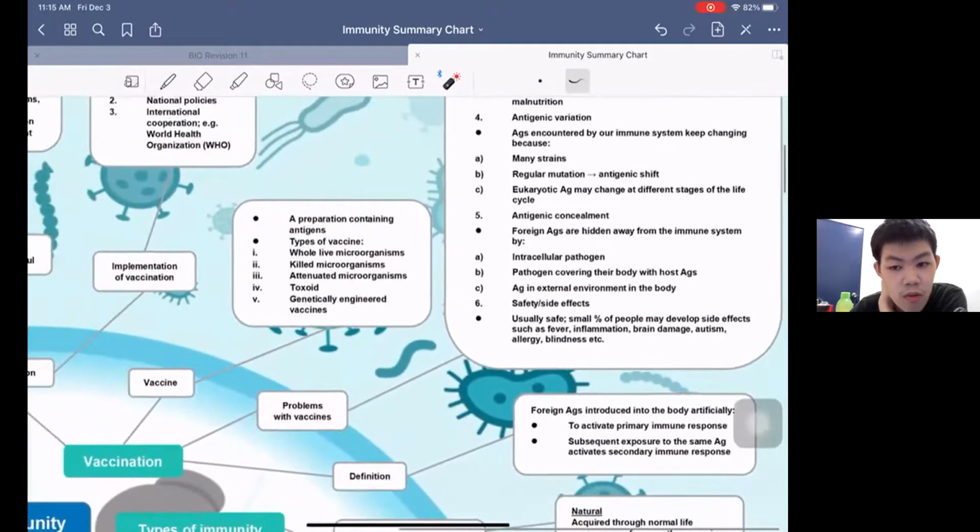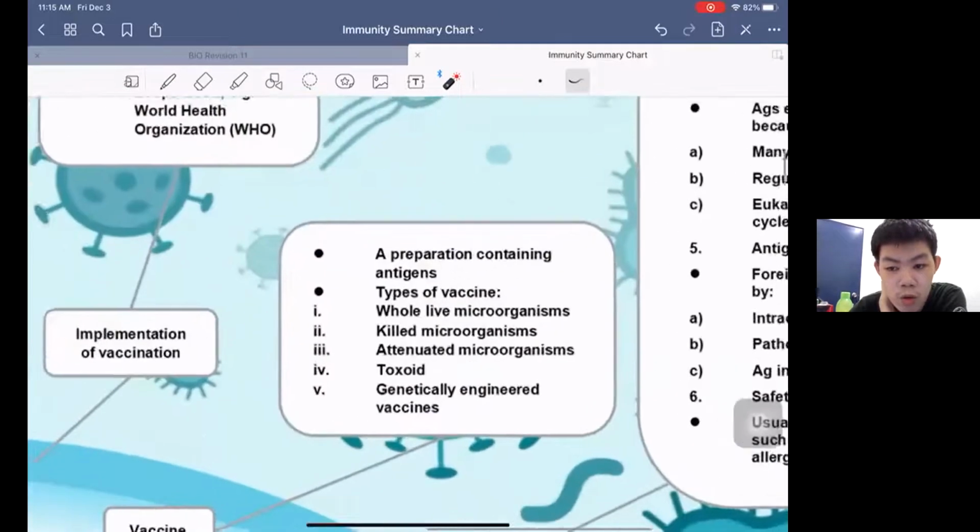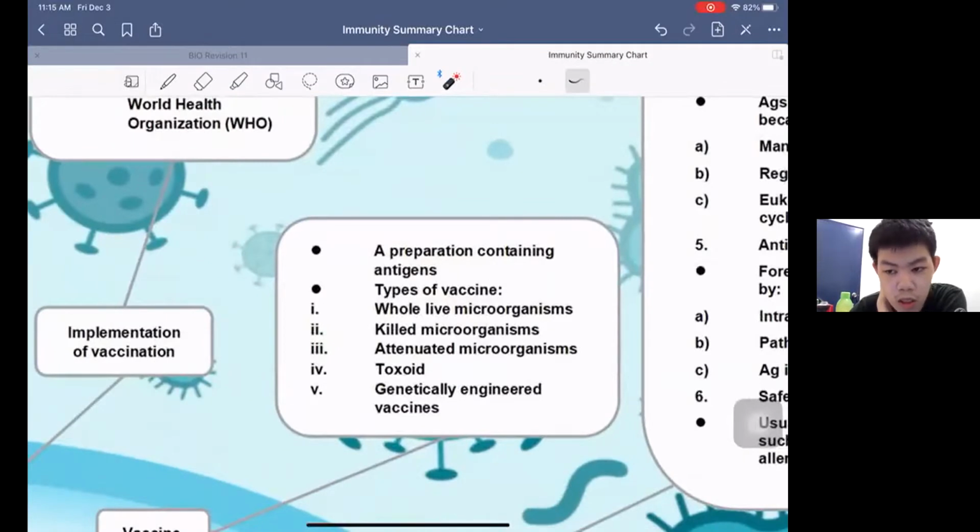So there are a few types of vaccine. You have whole live microorganisms, attenuated microorganisms, which are basically harmless, a toxoid, which is a toxin but also harmless, and lastly, genetically engineered vaccines.